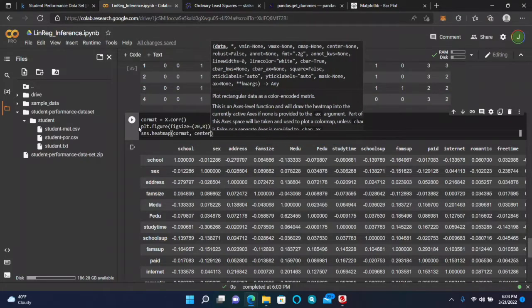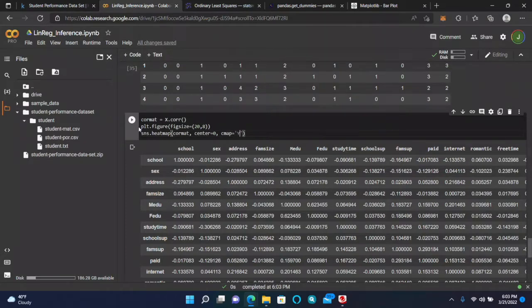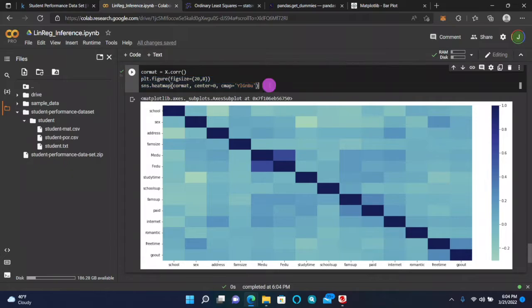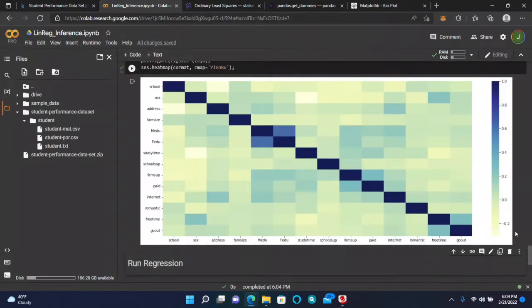Format, let's see. I want the center to be 0. And what else do I want? Anything else nice? cmap. I like yellow, green, blue. I think it looks good. Let's get rid of the center equals 0 and see what that looks like. This is pretty iterative.